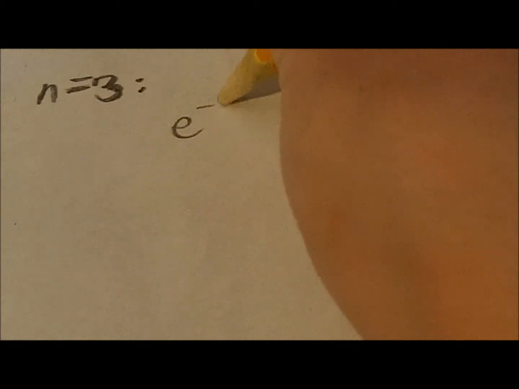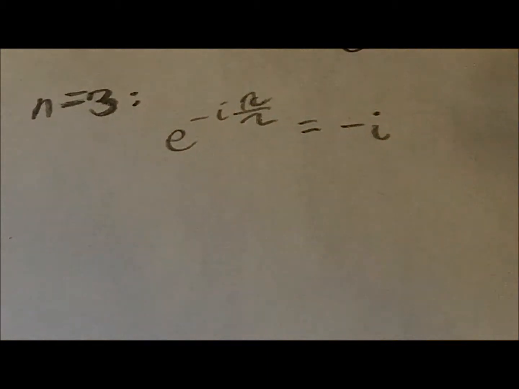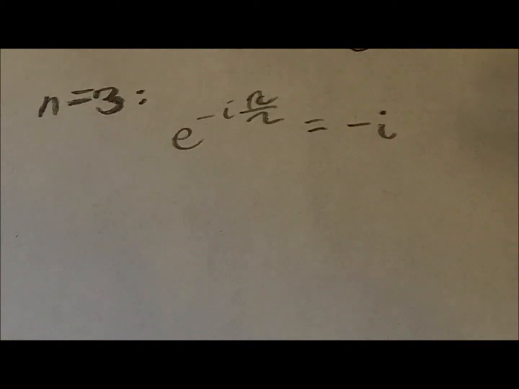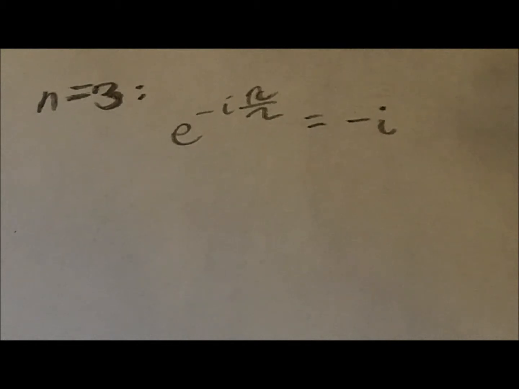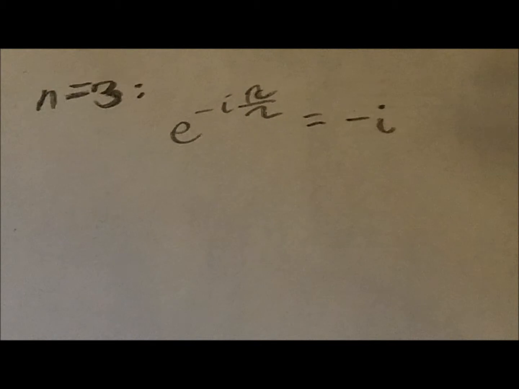Now for the case where n equals 3, things get quite interesting. We know that e to the negative i pi over 2 equals negative i, as we just stated. And so we can raise each side of this equation to the power i.